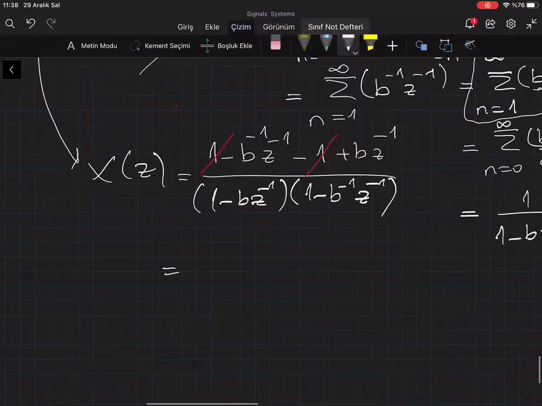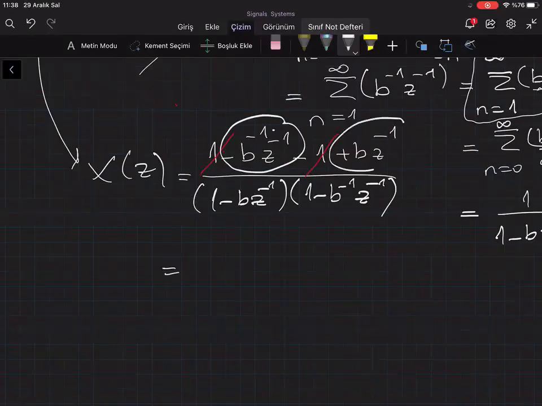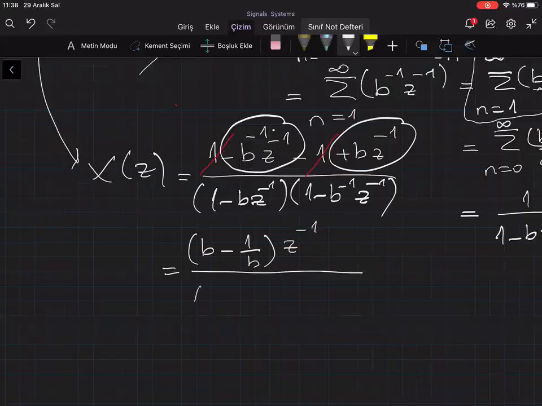What I am left with is equal to this and this one. So what do I have? b minus 1 over b times z to the power minus 1, divided by 1 minus b z to the power minus 1 times 1 minus b to the power minus 1 z to the power minus 1.